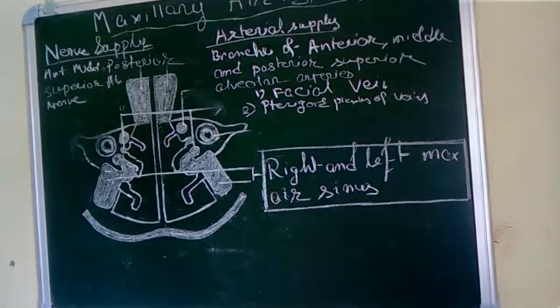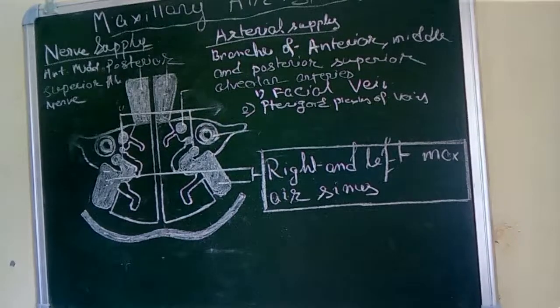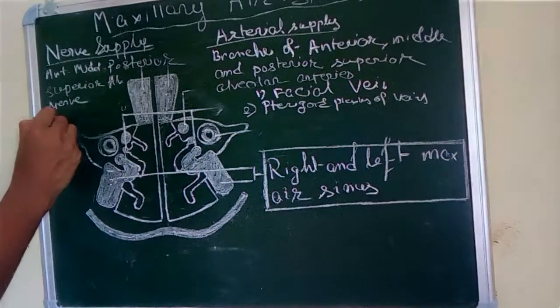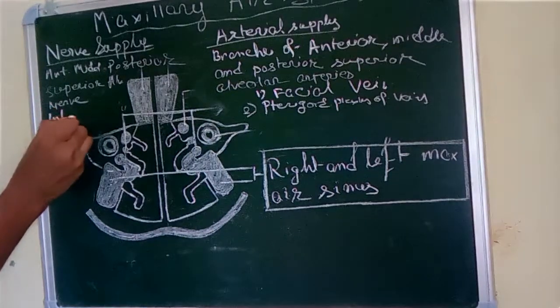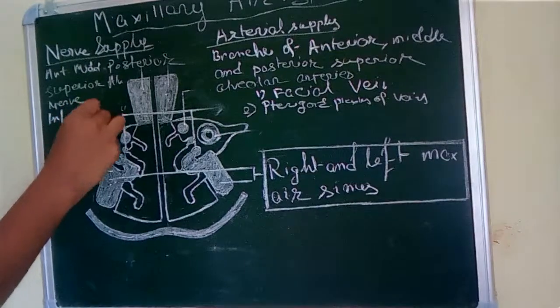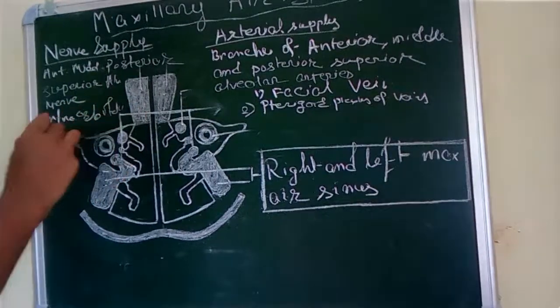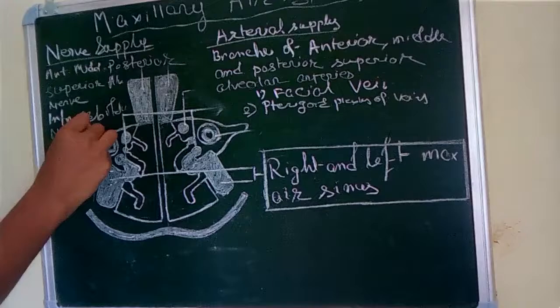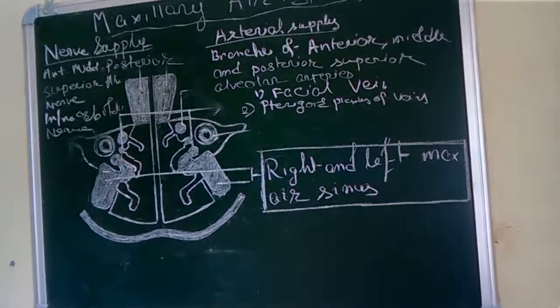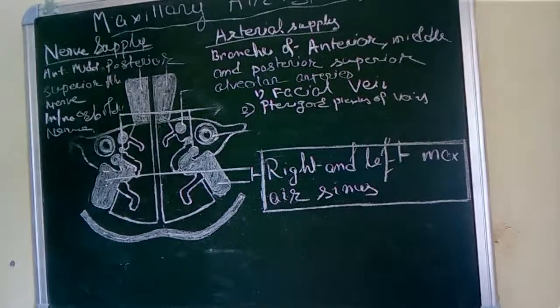So this is the nerve supply, and also the infraorbital nerve. So the nerve supply is the anterior, middle and posterior superior alveolar nerves and the infraorbital nerve.